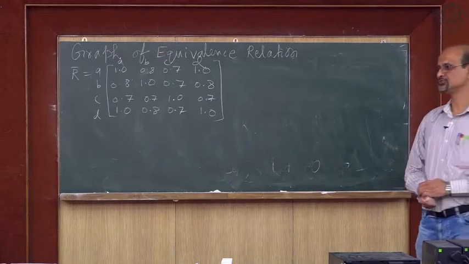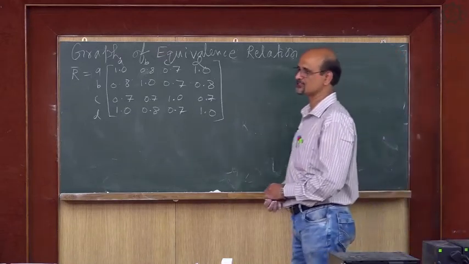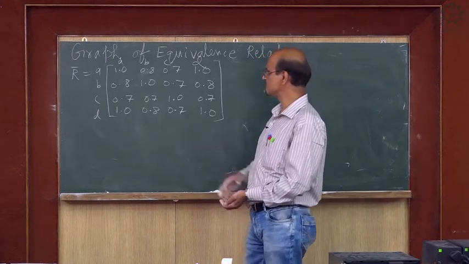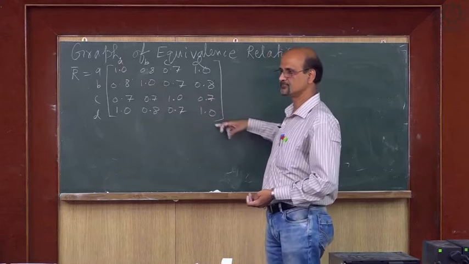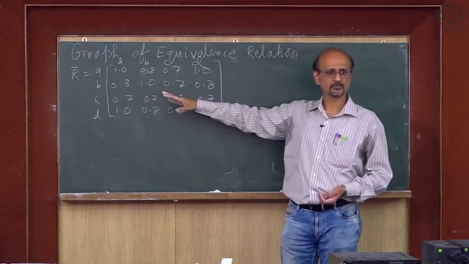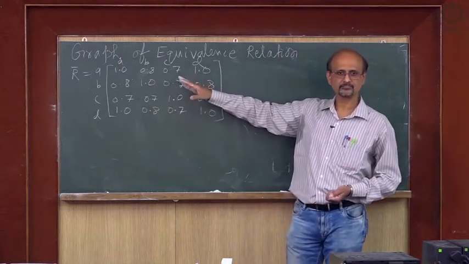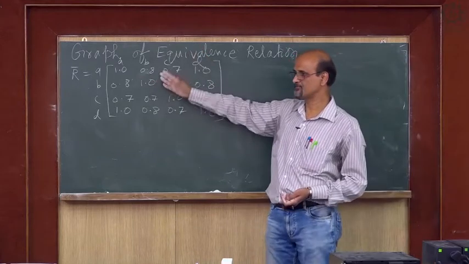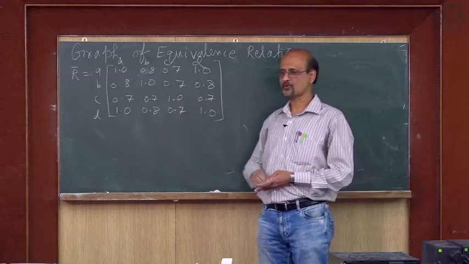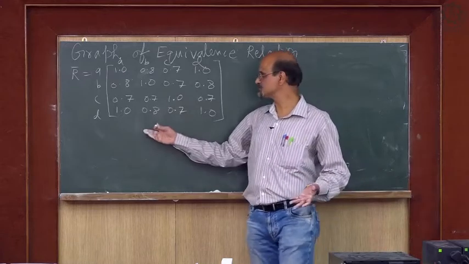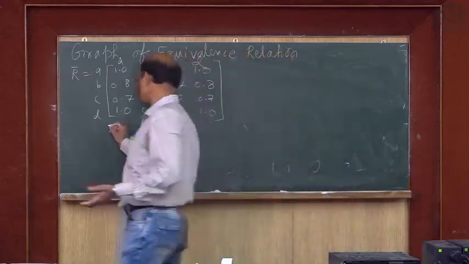Okay? So, you can see very well that this is an equivalence relation because it is reflexive, with 1, 1, 1 in the diagonal. It is a symmetric matrix, and you can also verify it is transitive. So, reflexive, symmetric and transitive are satisfied. So, this is an equivalence relation.